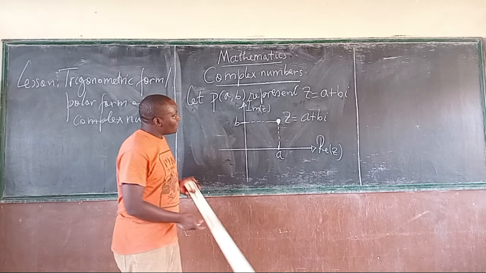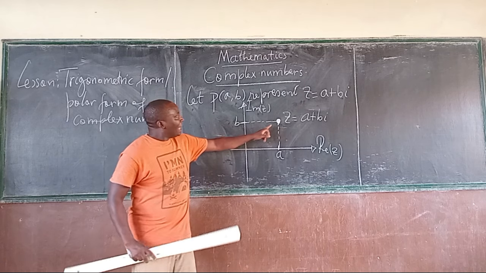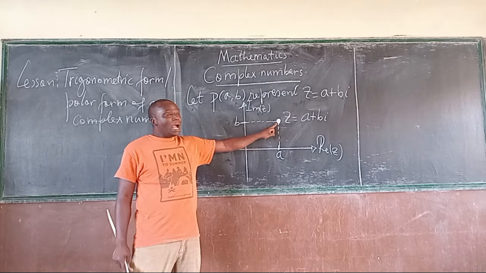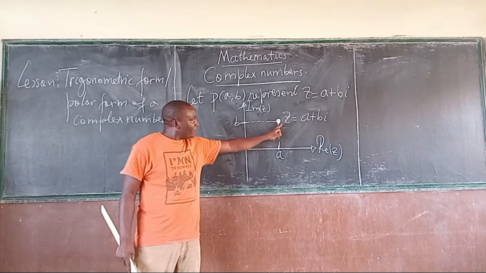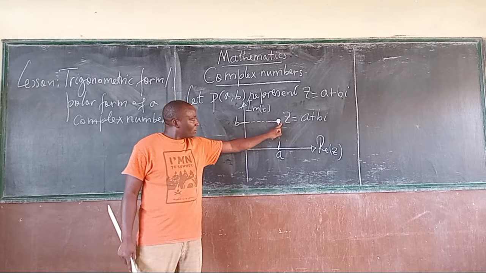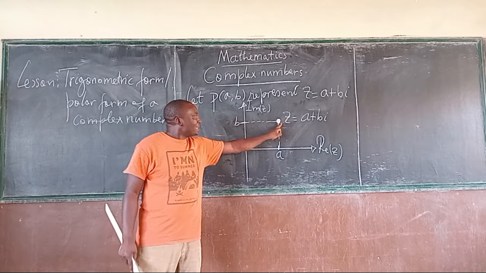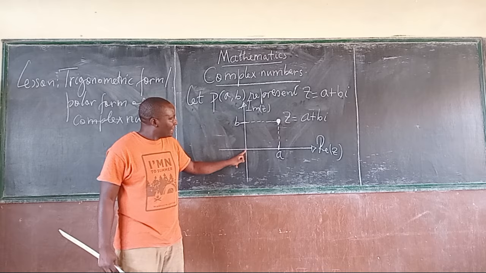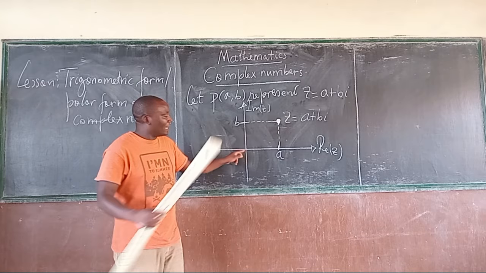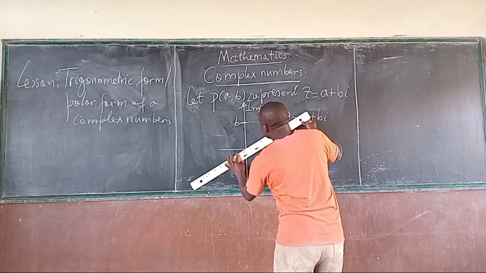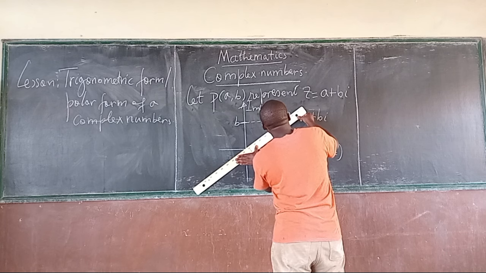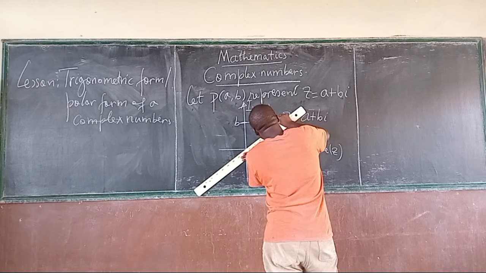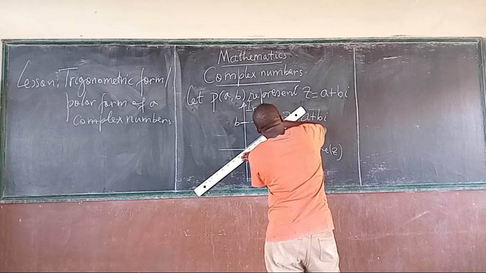To get the modulus, I take this point that represents my complex number and relate it with the origin of my Argand plane or Argand diagram, like this.